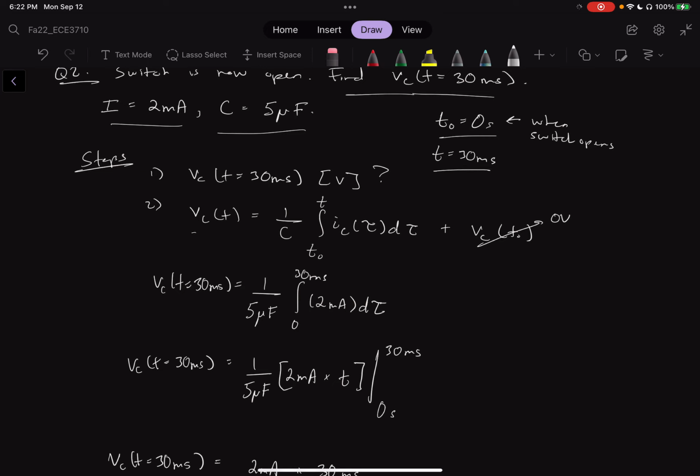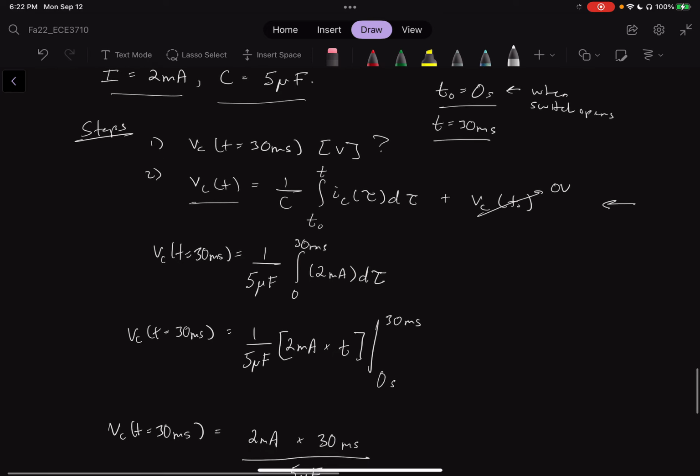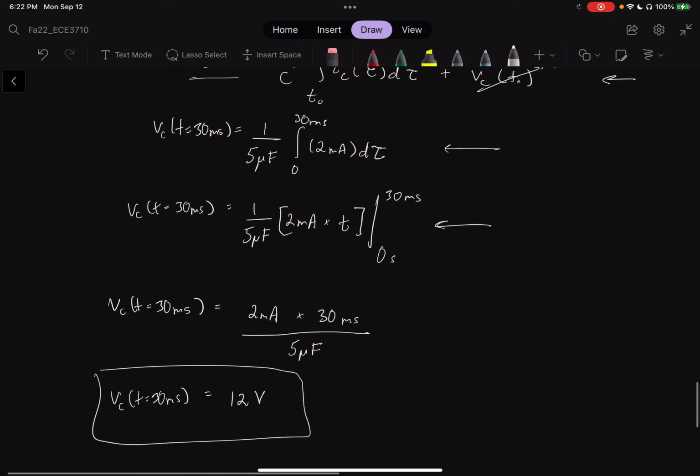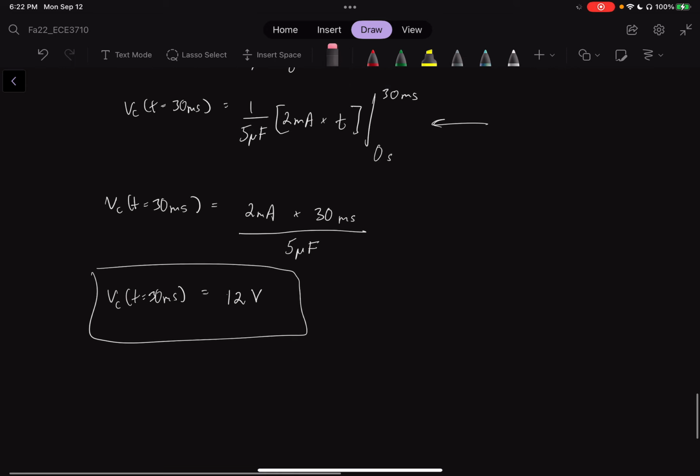We know the formula for the voltage of a capacitor is this equation shown here. I'm just plugging and chugging, and then I use my integration formulas. Integrating 2 milliamps is 2 milliamps times time, evaluated between 0 and 30 milliseconds. I plug and chug right here, complete my calculation on my calculator, and I get VC of t equal to 30 milliseconds is equal to 12 volts. Cool.